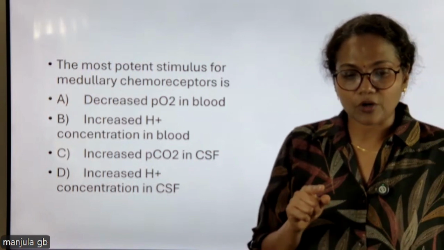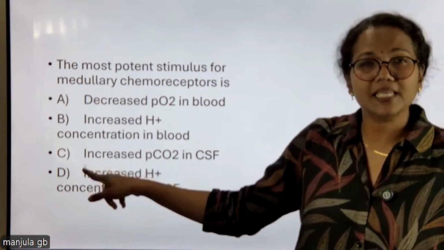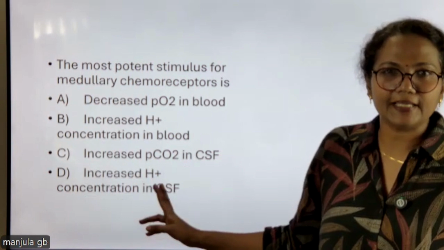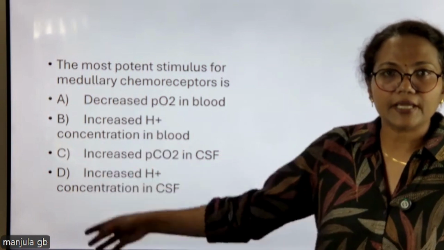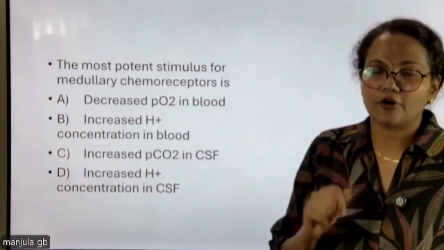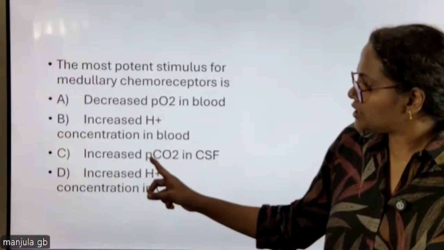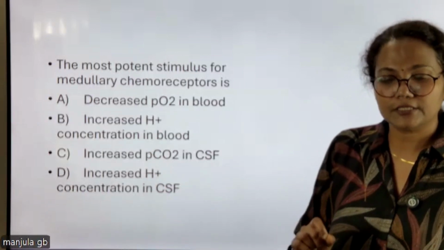Now, you may also see choice C here, and you may think that it is also correct. This is how people make distractors to make you choose the wrong answer. Out of these two, which is the most accurate answer?